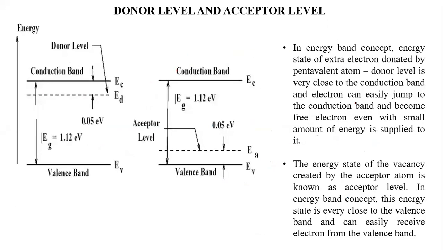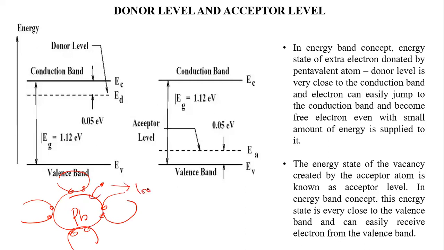As we discussed, for one pentavalent atom, when we insert one electron, two electrons, three electrons, four electrons, all these four electrons form covalent bonds with neighboring silicons. But the fifth electron, as I said just now, is loosely bound to this atom.